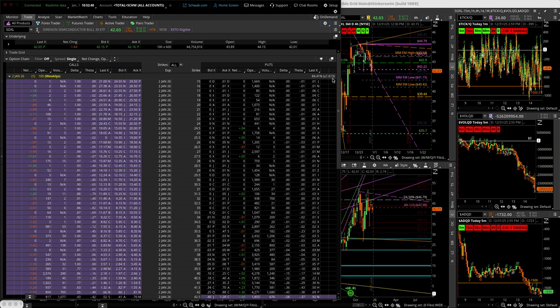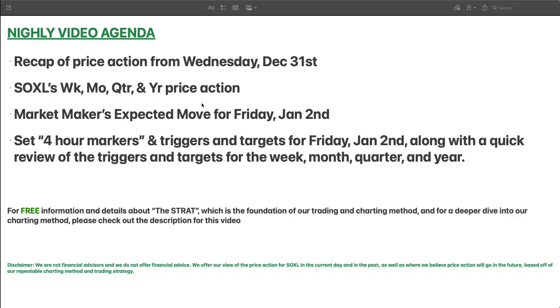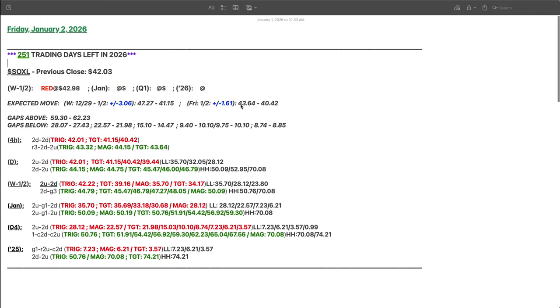We look in the parentheses over here, we see a plus or minus 1.613. What that's telling us is the market makers expect a plus or minus $1.61 move. Right, so with the close on Wednesday being 42.03, you add 1.61 to it, you subtract 1.61 from it, and if we look at our notes, we can see that we have a range of 43.64 to 40.42 for the market makers' expected move on Friday.